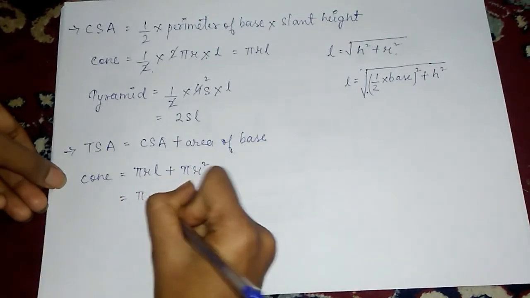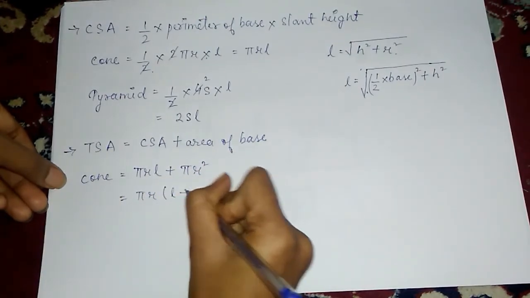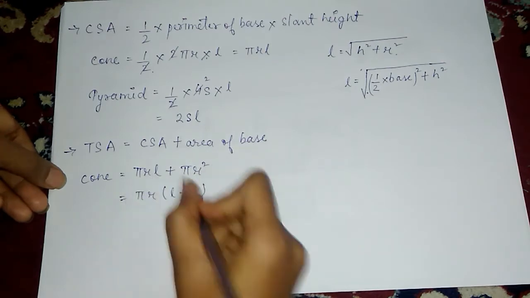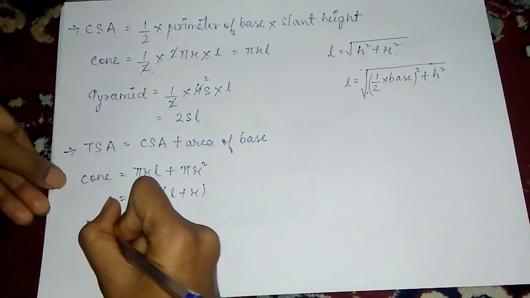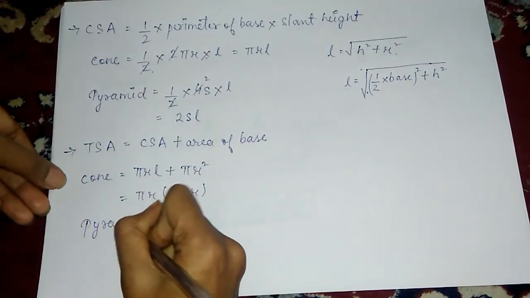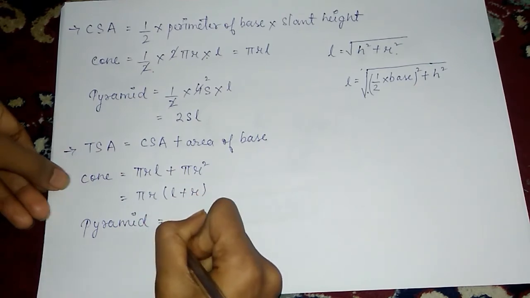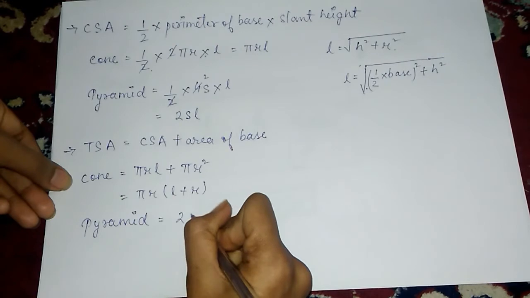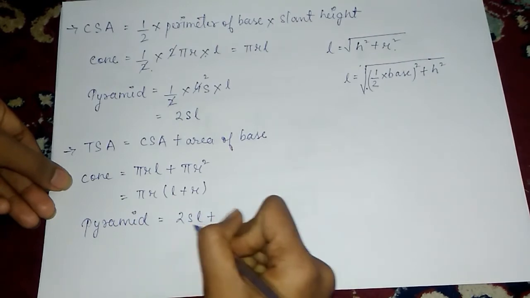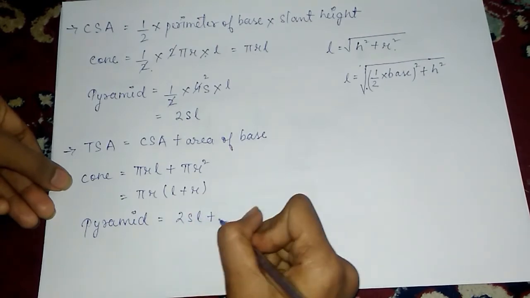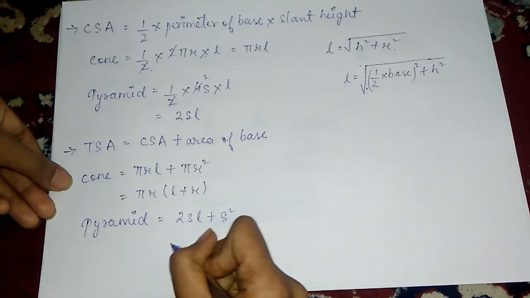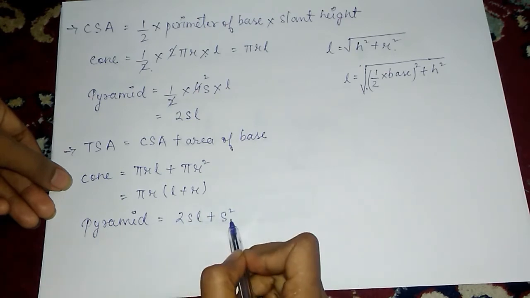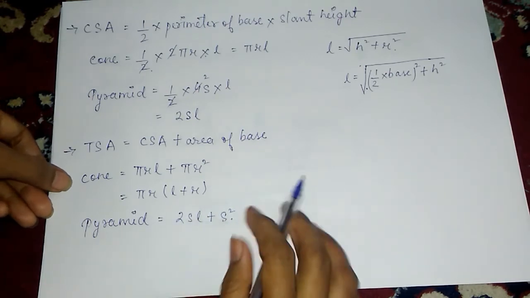So if we take pi r common, this is the total surface area of a cone. And for a pyramid, CSA, that is 2SL, plus area of base, again if it is a square, so s square. This is the total surface area of a pyramid.